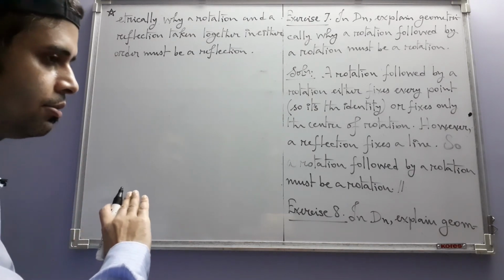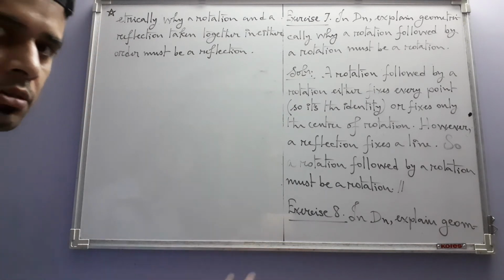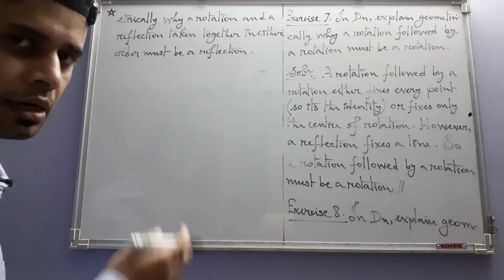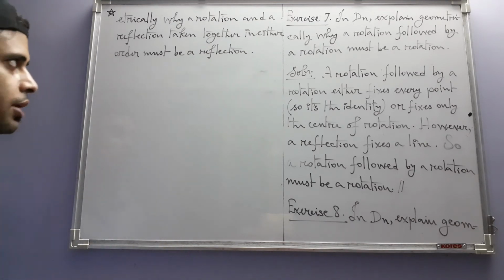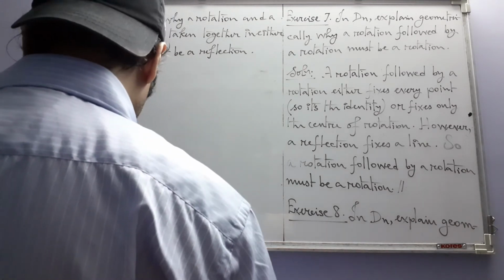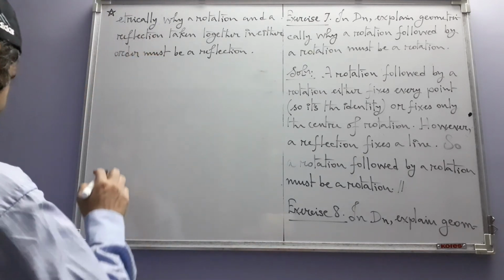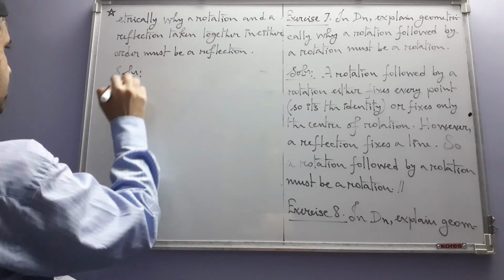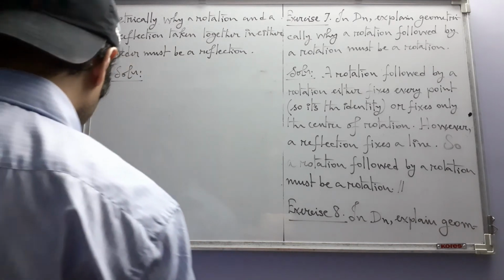That is, once you flip and then you rotate, instead of that you can have a single flip about some axis of reflection. Now why does that happen? And the answer, the solution goes like this.